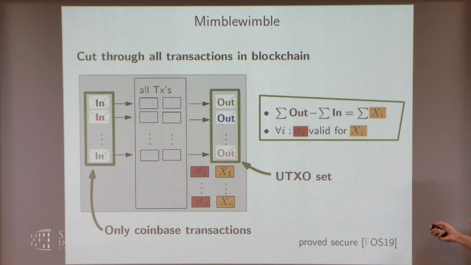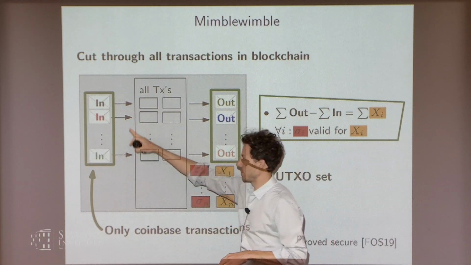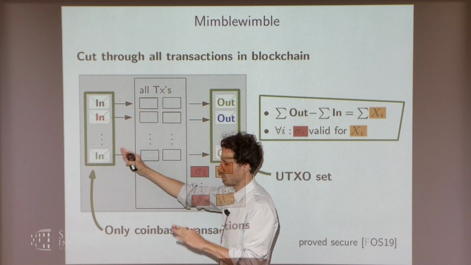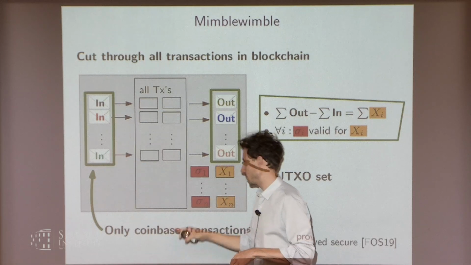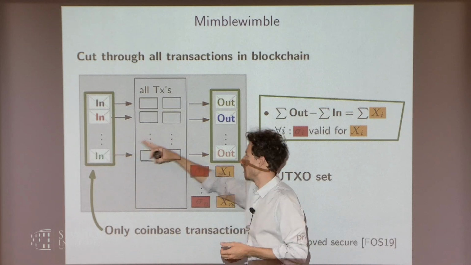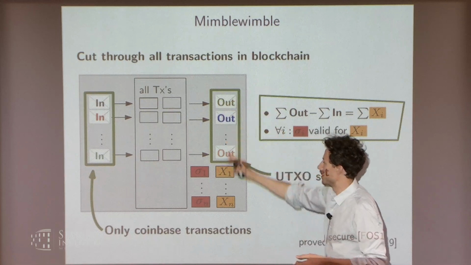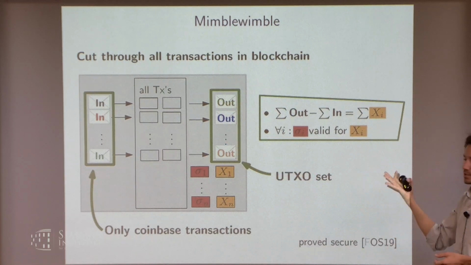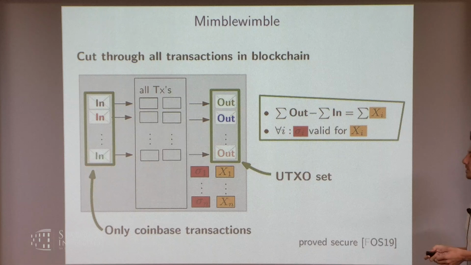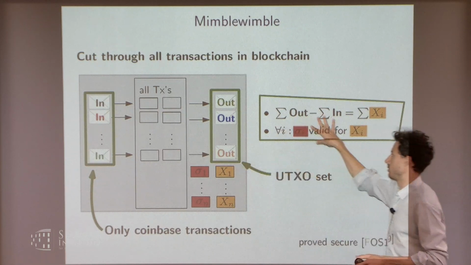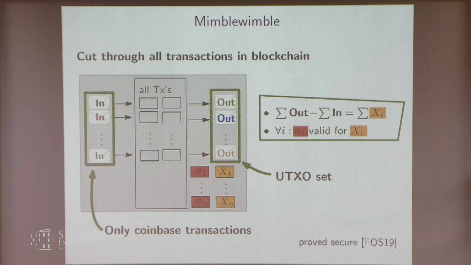So everything that's left is, on the left-hand side, the only inputs that were not canceled out, the ones that are coinbase transactions, where the money was created. And on the right-hand side, everything that's not cancelled out is everything that hasn't been spent yet. So this is your UTXO set. And then you have these values that allow you to verify that everything has happened correctly.